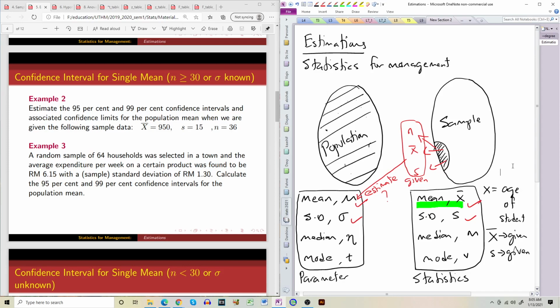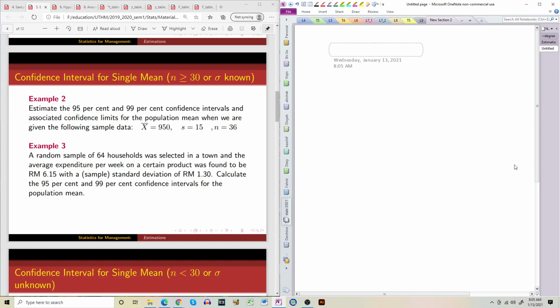I'm going to go to the next page. The formula for the estimation. The formula for you to do estimation is x bar.